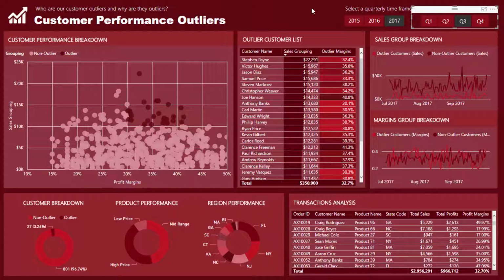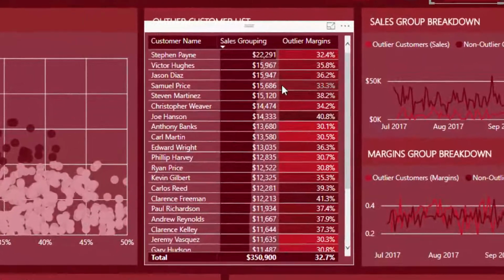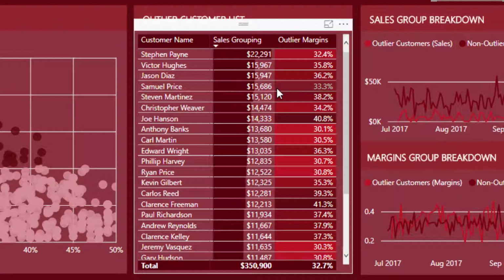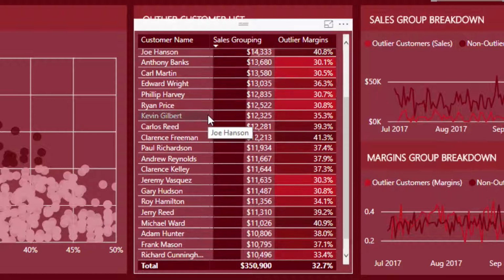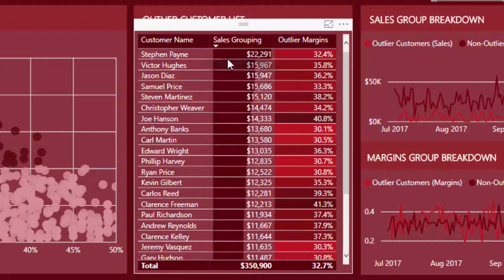But then we want to dive deeper, and that's some of the key techniques I want to showcase. How can we look underneath these numbers and understand why we are actually seeing them? Within some of these other visualizations, we're drilling down into who the outliers are. In this case, it's just customers. So we're understanding why they are an outlier.